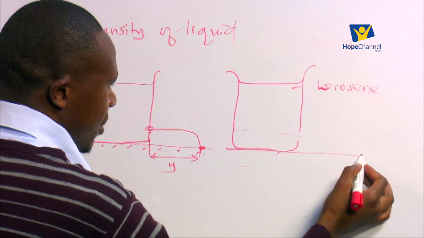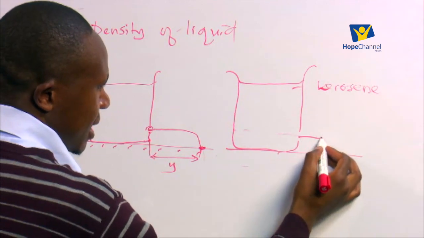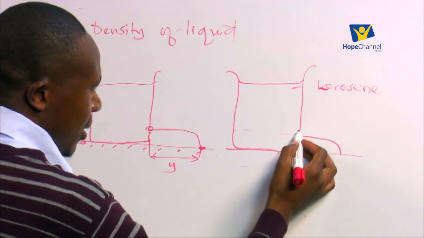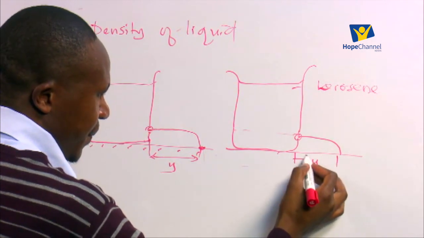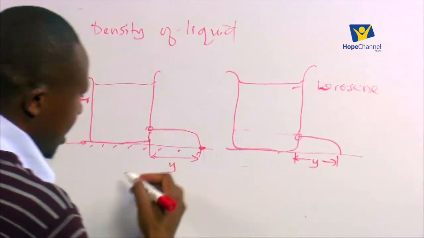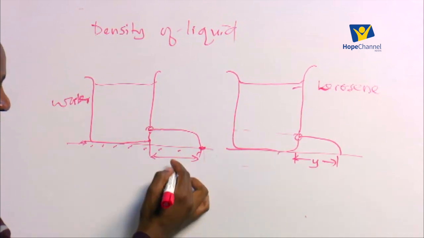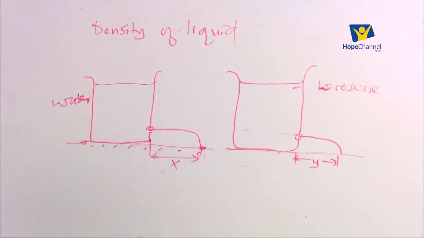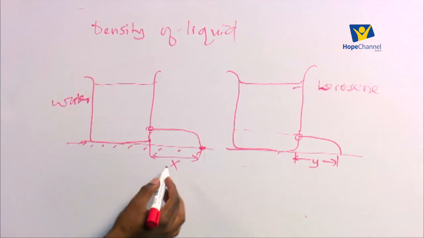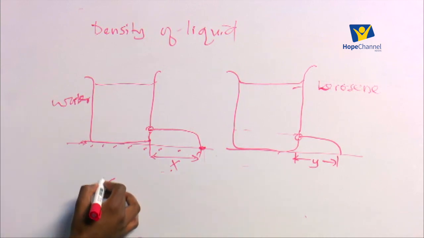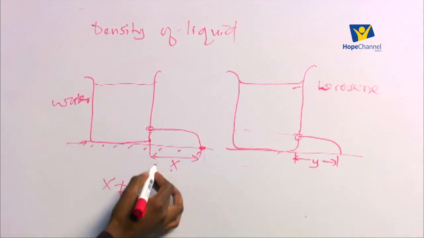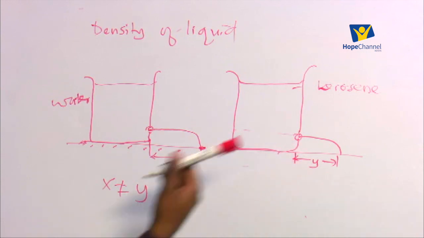We place it on a table, and then we consider the distance at which the jet is going to land on that table. Let that distance for kerosene be y. Now what we are going to do is we compare the length x and the length y. One thing that we are going to observe is that x will not be equal to y. The distance x will be different from the distance y.